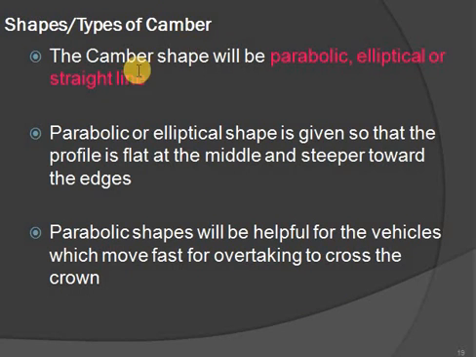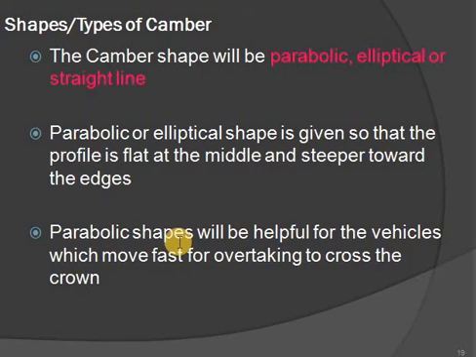Shapes or types of camber. The camber shape will be parabolic, elliptical or straight line. Remember this one. Parabolic or elliptical shape is given so that the profile is flat at the middle and steeper towards the edges.